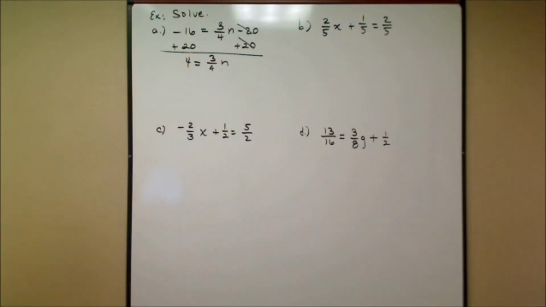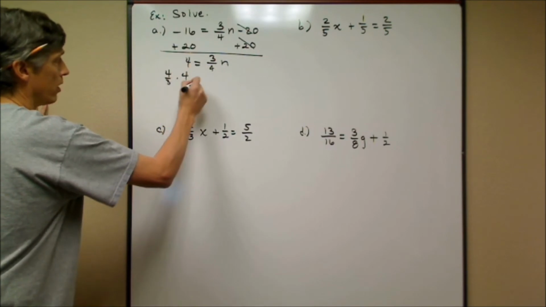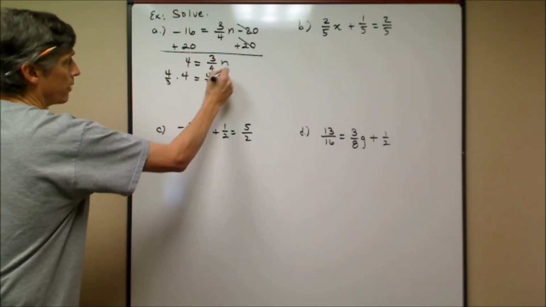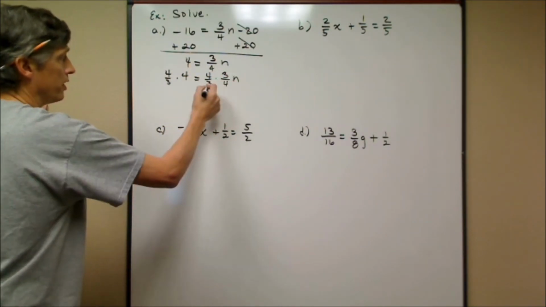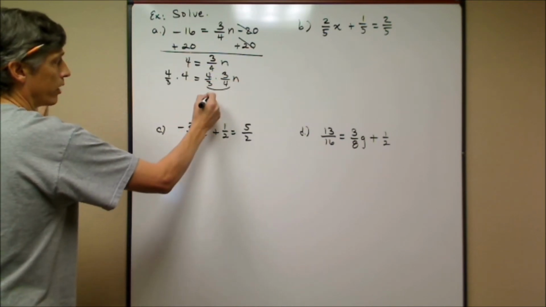Now this one should look a little bit like the problems I was just doing before. I have a fraction times my variable. I'm going to multiply both sides by the reciprocal. The reciprocal of 3/4 is 4/3. So I'm going to multiply 4/3 times 4 and 4/3 times 3/4 n. These are reciprocals. When you multiply them, you just get 1 or 1n or just n.